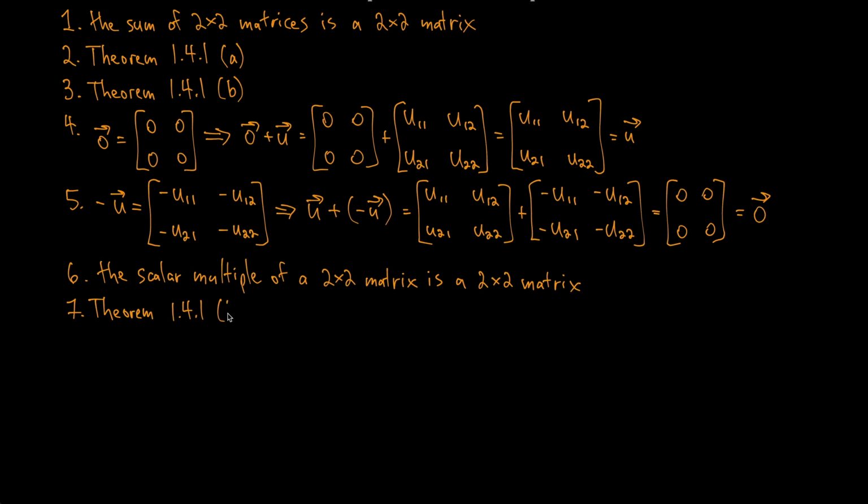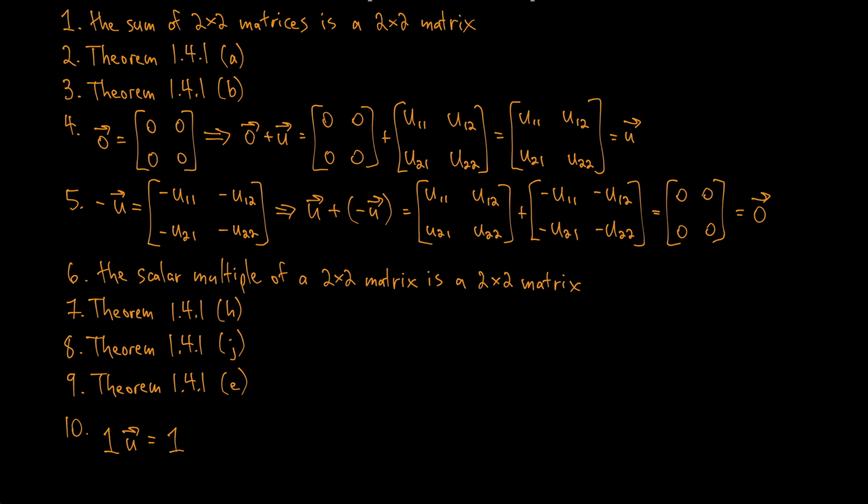So this was part H for axiom 7, and then for axiom 8, it was part J. For axiom 9, it was part E, so that'll save us a little time.